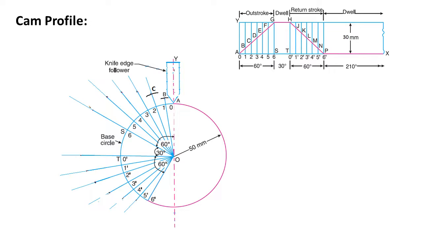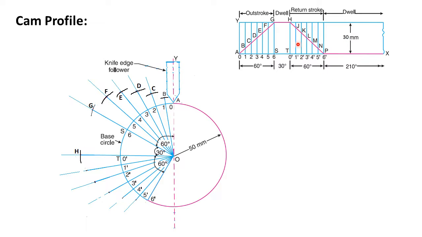Similarly, 3 to D you measure, 4 to E you measure, keep on 3, draw the arc, keep on 4, draw the arc, and get the points D and E. Similarly, from 5 to F you measure, draw the arc, 6 to G you measure, draw the arc, and mark all those points. Similarly, 0 dash to H you measure, keep the rounder at 0 dash, and draw this arc.